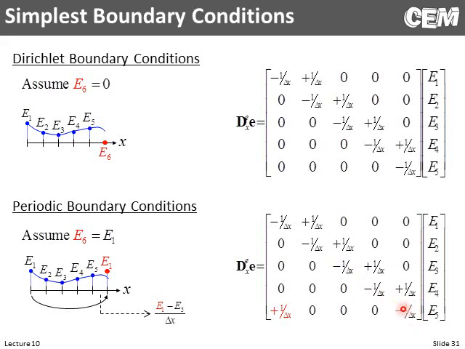Here, because of the mood I was in, I guess I pulled in the delta x, but we could easily write that on the outside. But now we have a term sitting here that we didn't have before, in the column relating to E1. And we're using E1 in place of E6, because if everything's periodic, we should be able to do that. So now we've built in a whole second type of boundary condition, a periodic boundary condition.